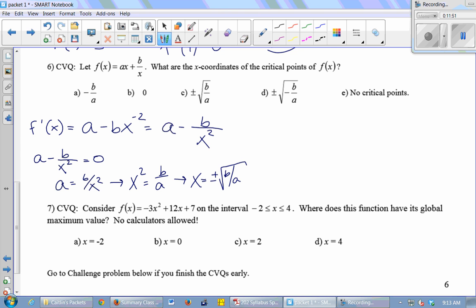And also we have to take into account places where the derivative is undefined. What x value makes that undefined? X equals 0. Okay, so we've got 3 critical points.